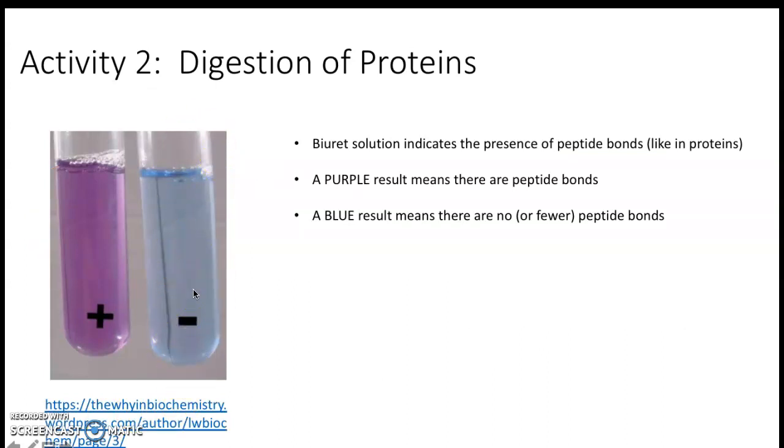When you add it to a solution where you have proteins, which will have a lot of peptide bonds, the solution should turn more of a violet purplish color here. In solutions that have relatively fewer peptide bonds or have no peptide bonds, you would expect to see this blue color, the same color as the reagent itself.